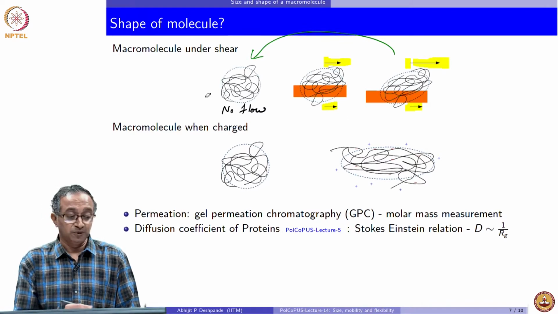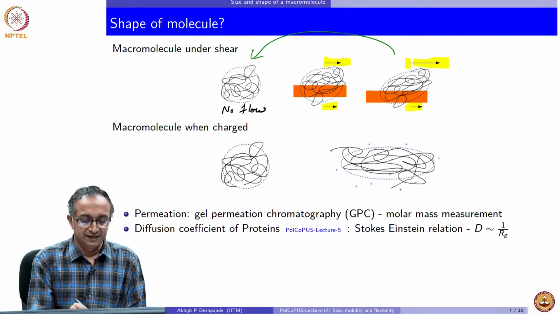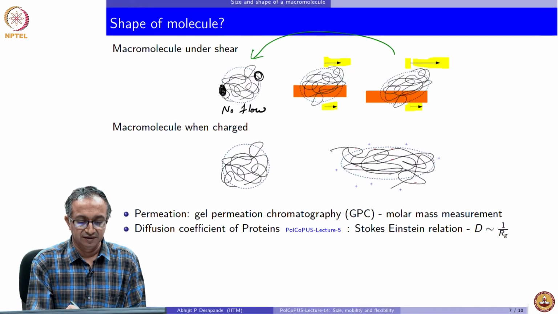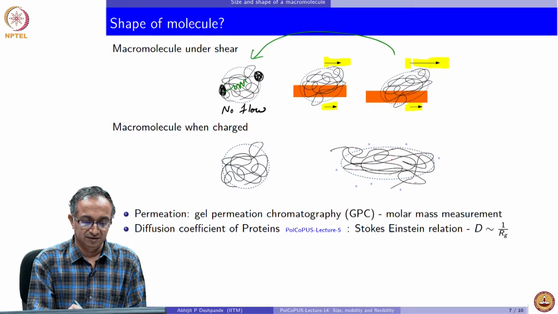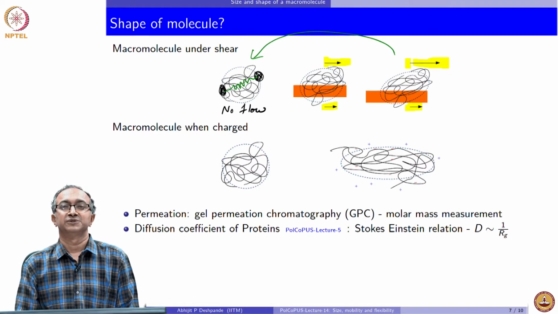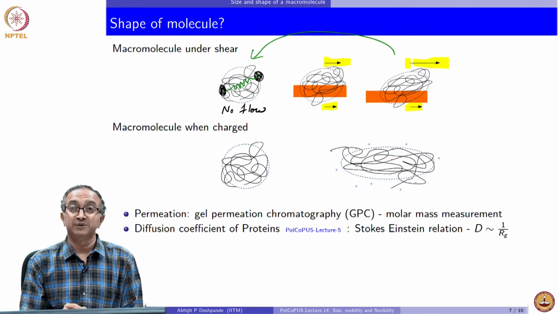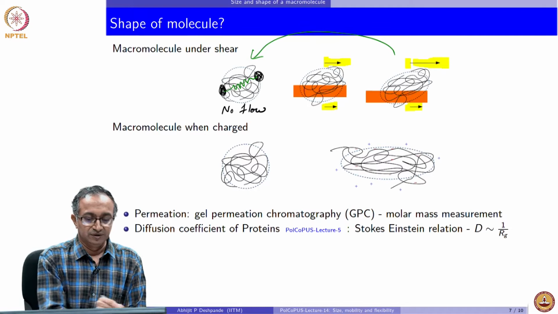So this macromolecule can be visualized as if it is a spring kind of an object. What happens when you put it under flow?